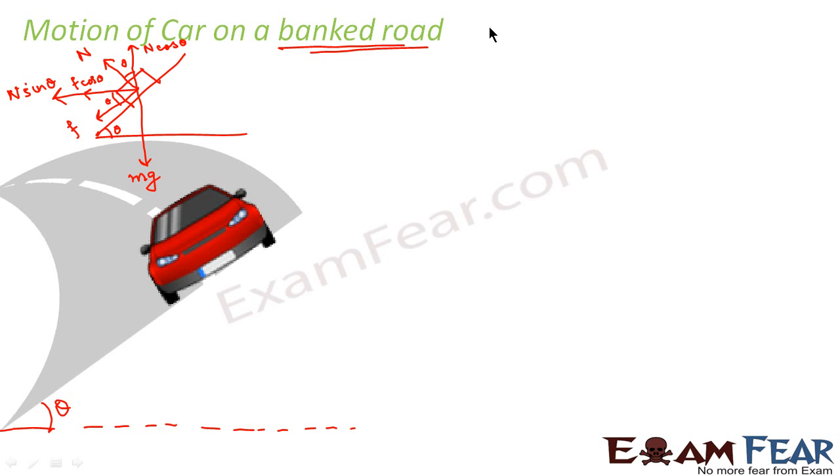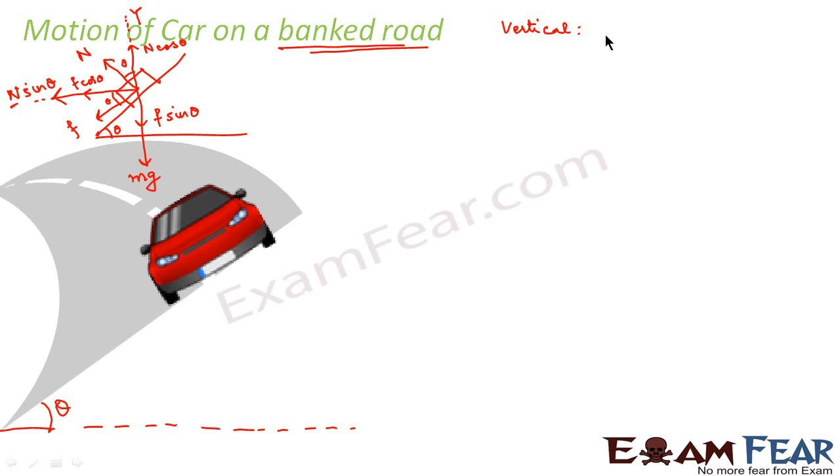Let us write the equation of motion in the vertical direction. Let us suppose this is my y-axis and this is my x-axis. So in the vertical direction, what would be the equation of motion? If this is f cos theta, this will be f sin theta.